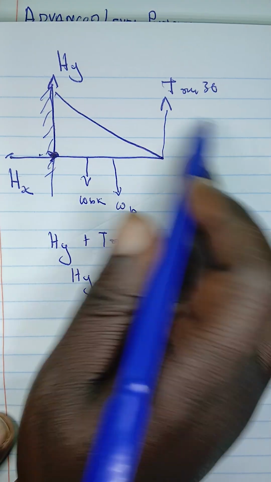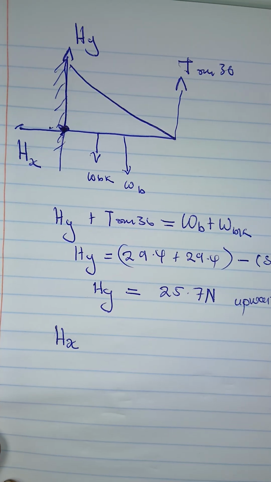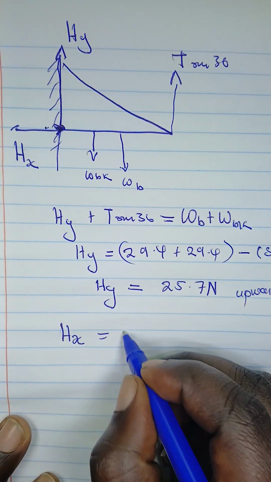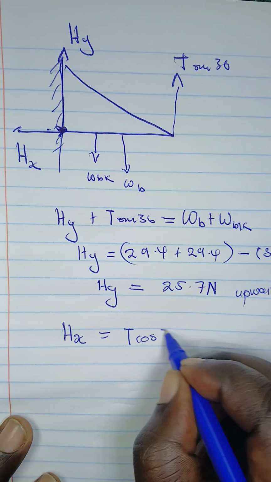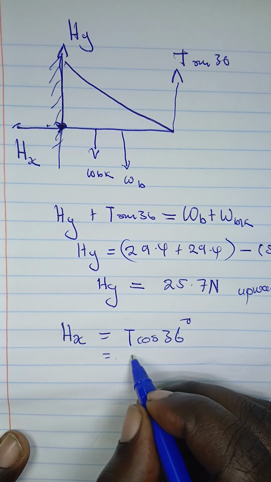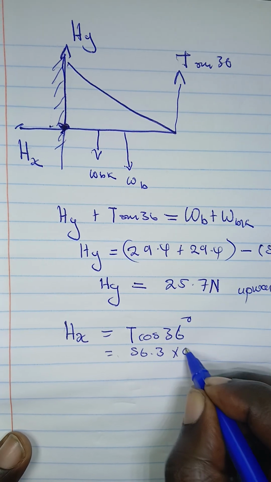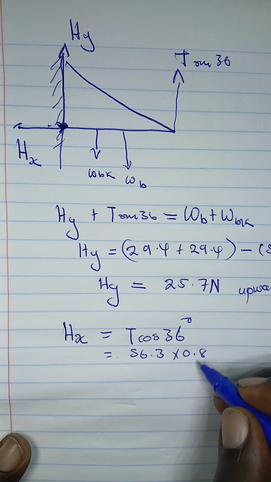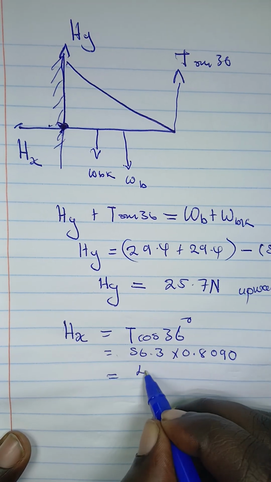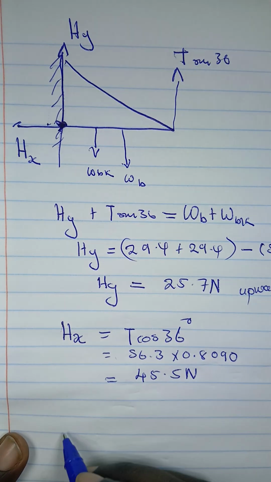HX is only the horizontal component of the tension, so HX is equal to T cos 36, which is 56.3 multiplied by 0.8090, which is 45.5 newtons.